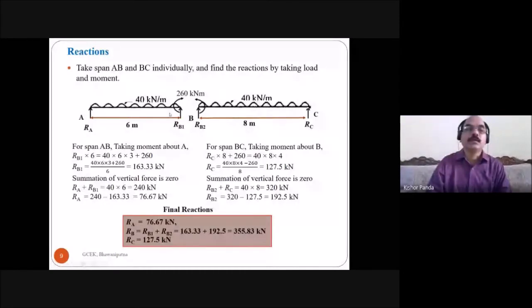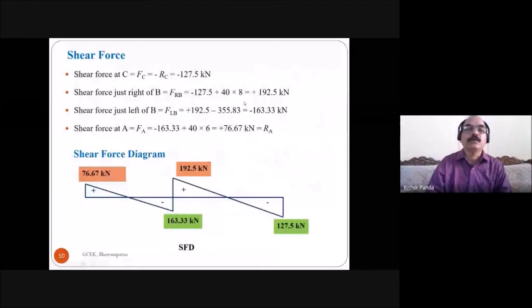Then find the shear force at A. Because this is the UDL, you have to take the UDL as downward force. So take minus 163.33, the shear force just left of B, plus the load given on span AB, 40 into 6. This is a downward force, so you take it as positive.